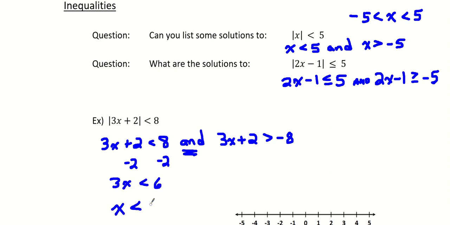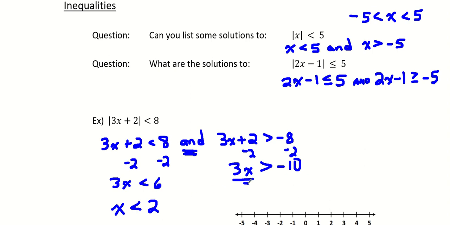Divide both sides by 3. So we get x is less than 2. Same thing for the other one. Subtract 2. Negative 8 minus 2 is negative 10.